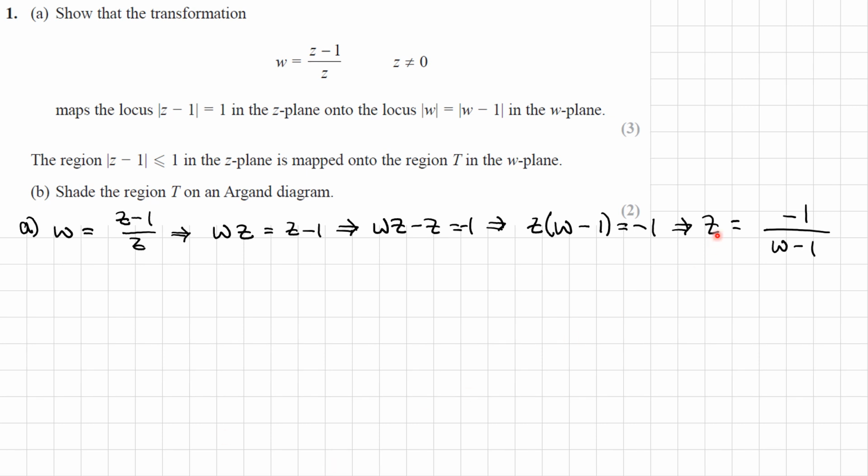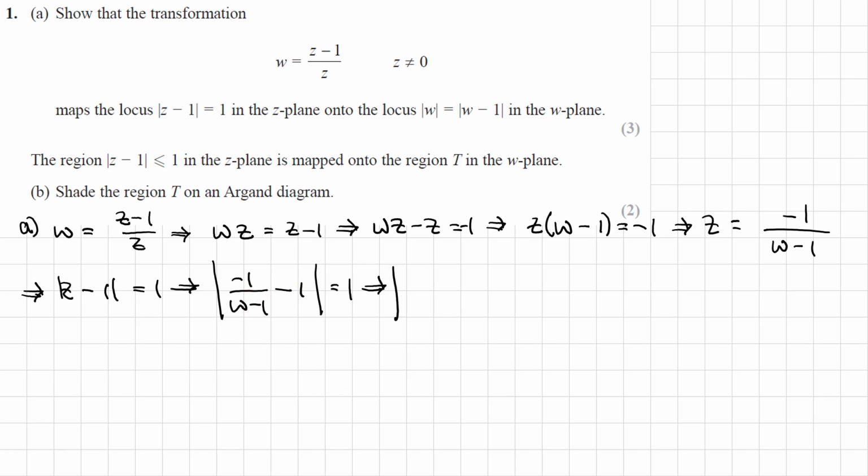So now I'm going to substitute this into this locus here. So replace Z with negative 1 over W minus 1. So that means that the modulus of Z minus 1 equal to 1 is now going to become the modulus of negative 1 over W minus 1, minus 1, is equal to 1. Right, we want to put all of this together here.